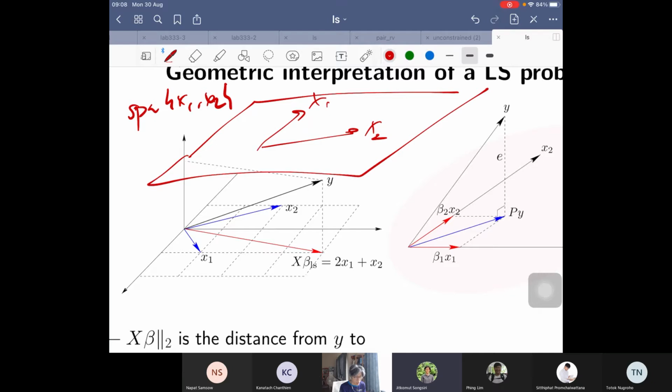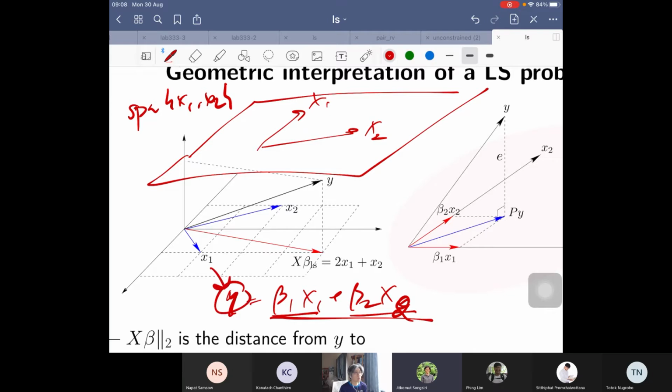So finding a linear relationship, y equals beta 1 x1 plus beta 2 x2, is actually the same as saying that you want to estimate y using a vector in the hyperplane spanned by x1 and x2.